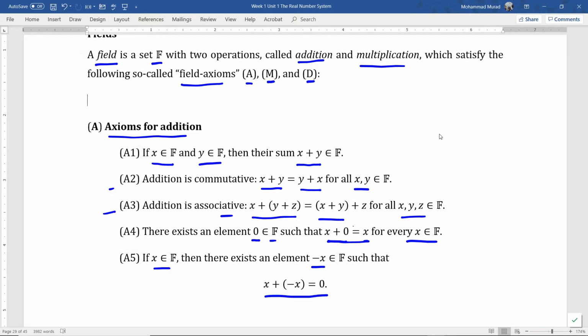Here, the 0 is called the additive identity element, and negative x is called the additive inverse of x.